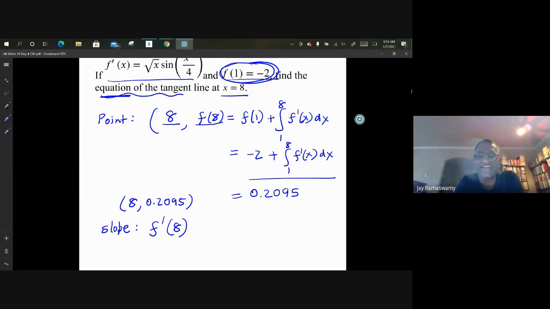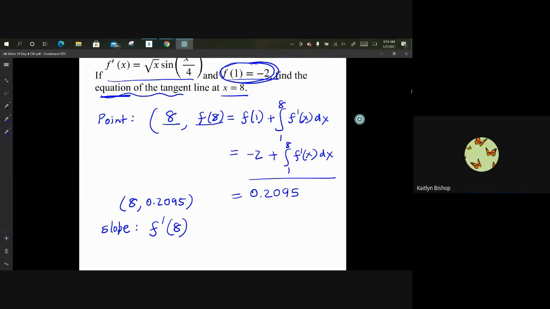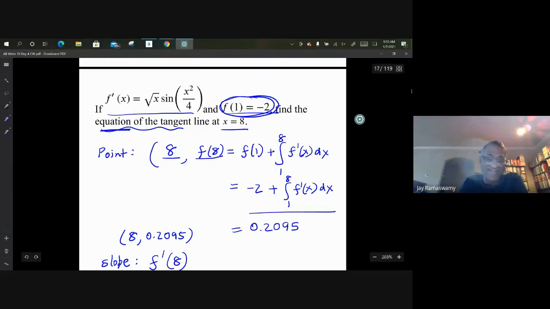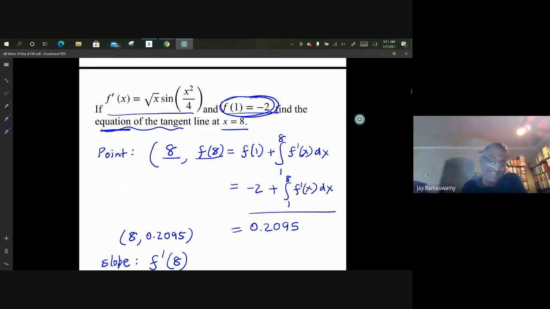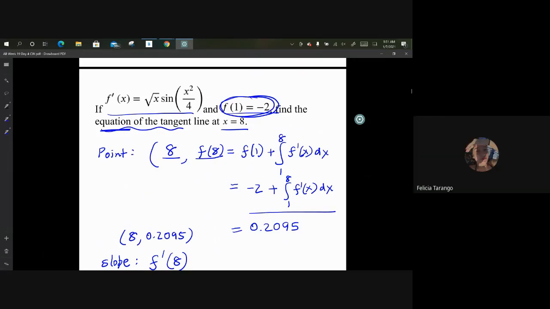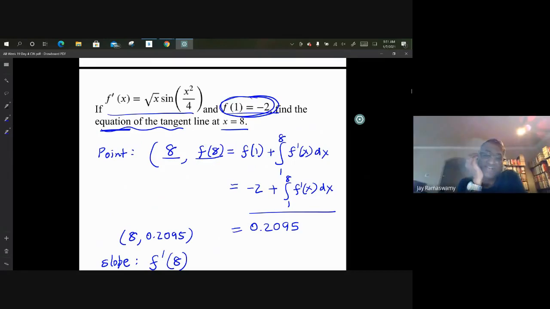Is everybody okay there? I need f dash at 8. Stop! What do they give you? F dash of x. So what do I just need? Plug in 8. In your Desmos, haven't we already called that function f of x? So in simple language, do I just need f of 8 then?